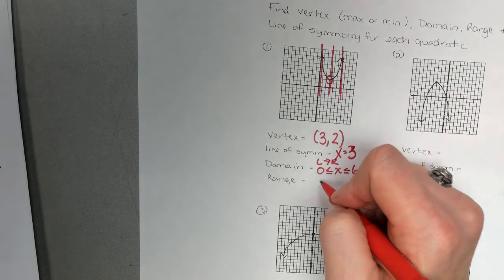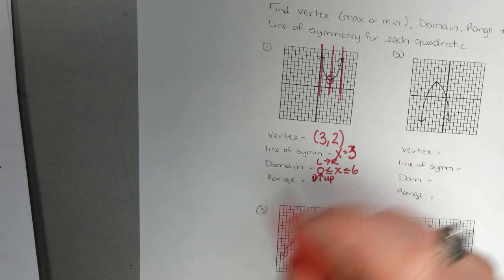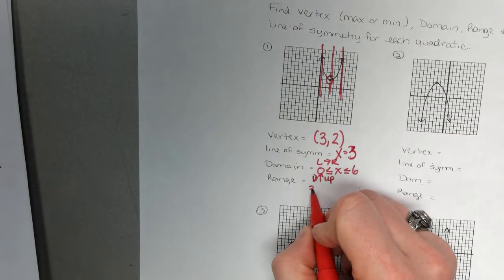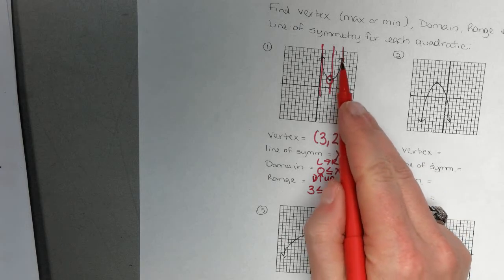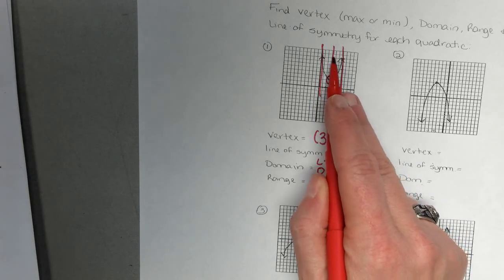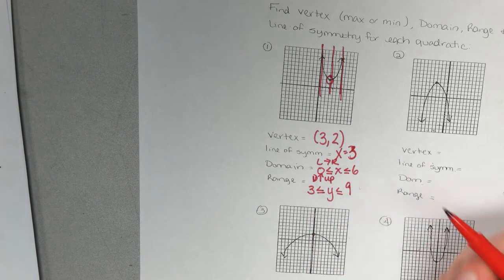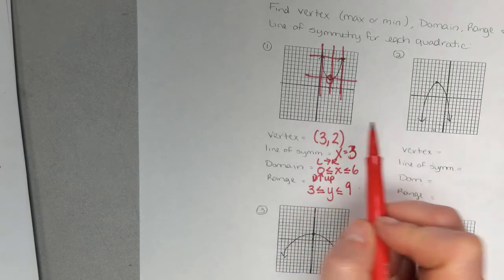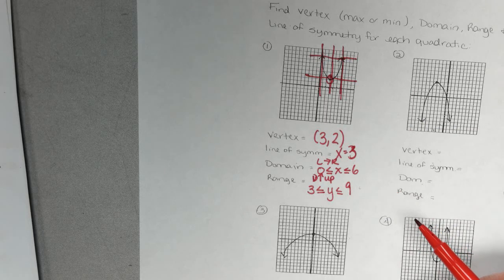Your range is down to up. So it starts out at, what is this? 3 is less than or equal to y is less than or equal to, what is that? 4, 5, 6, 7, 8, 9. Okay? That's your range. This is your range right here. Okay? That's where all the graph is, inside that zone.